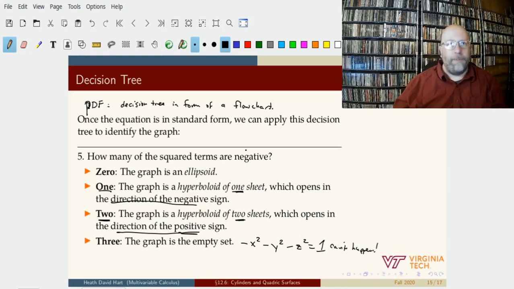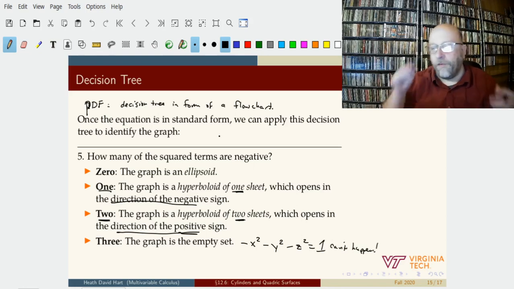I did not reproduce the flowchart on the slides here because it's a little hard to read. It was kind of cramped on the slide. But the decision tree is also in the PDF notes in the form of a flowchart, and that may make it easier to remember the order of the questions. If you understand that decision tree, you can name these shapes pretty quickly. You get pretty good at this.